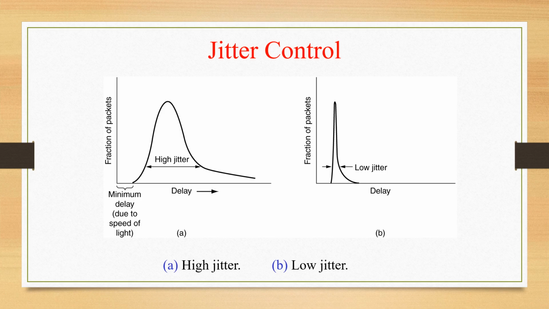It will give an uneven quality to the sound or movie. Low jitter, in contrast, is an agreement that 99% of the packets be delivered with a delay in the range of 24.5 milliseconds to 25.5 milliseconds, which might be acceptable. So this is the diagram for jitter control.